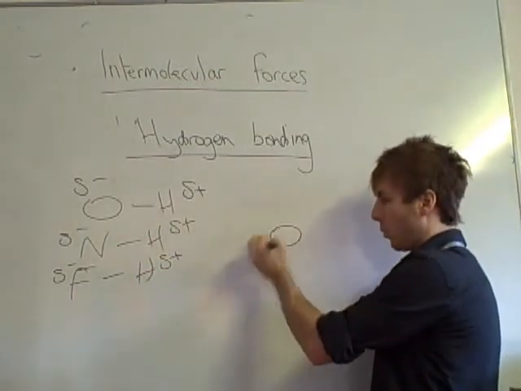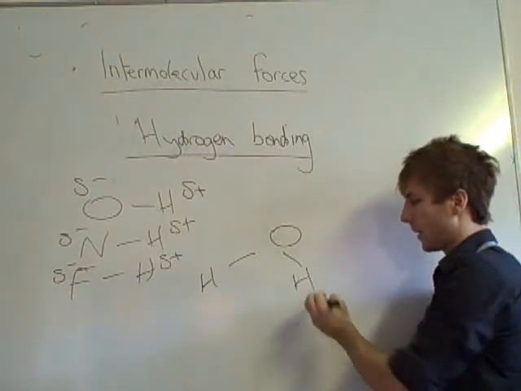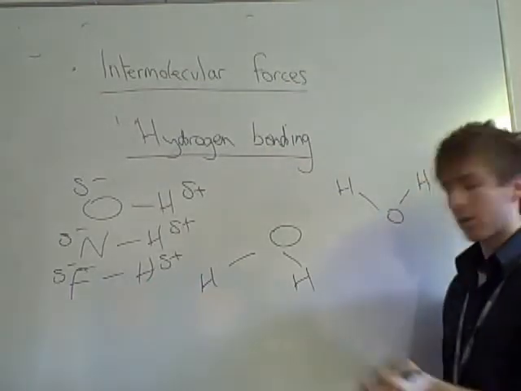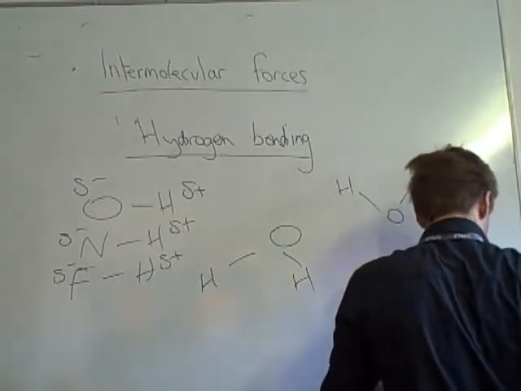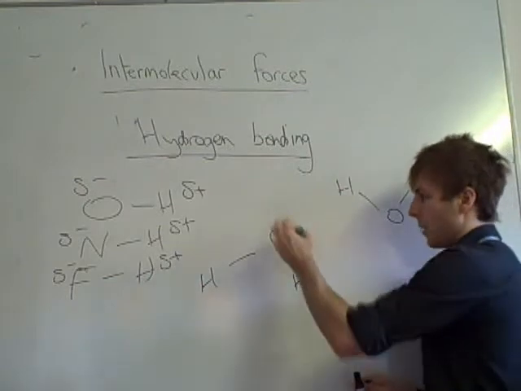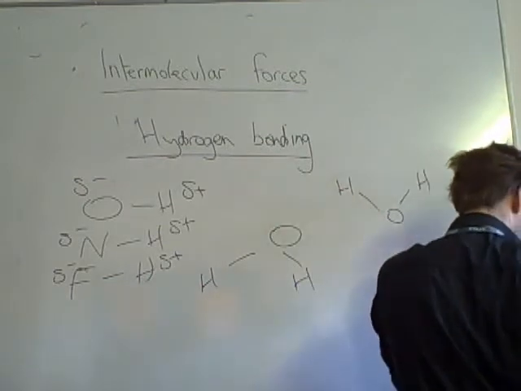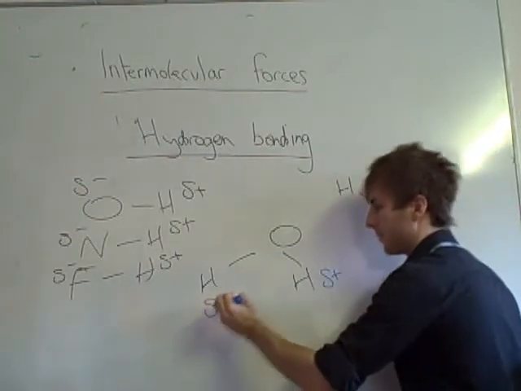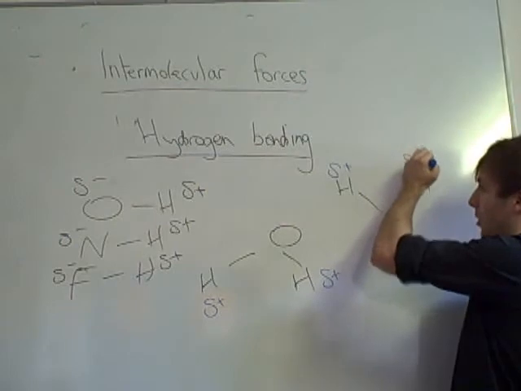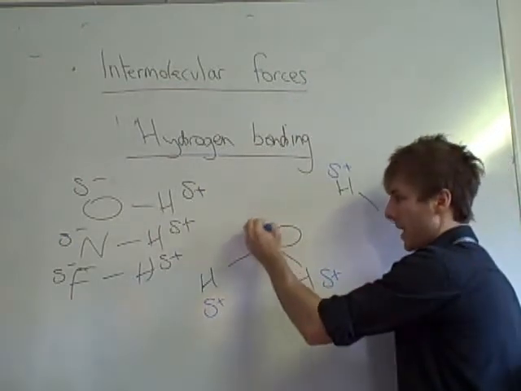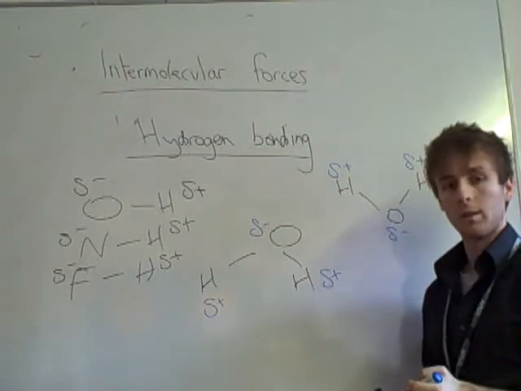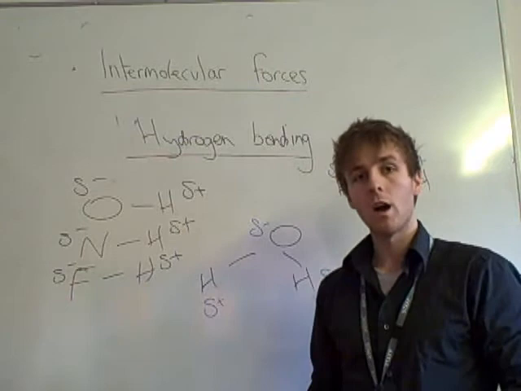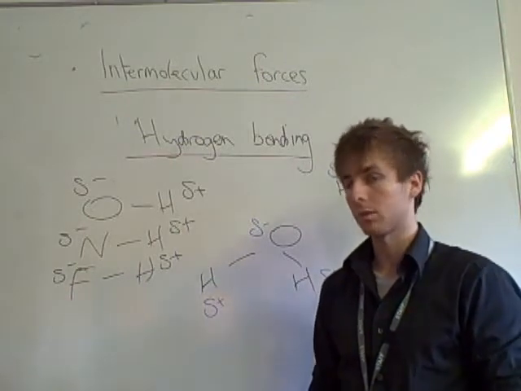If I have one water molecule and another water molecule, these are going to have my positive dipoles here on the hydrogens, because these are less electronegative, and my negative dipoles on the oxygen, because these are more electronegative. But oxygen, nitrogen and fluorine have all got lone pairs of electrons.